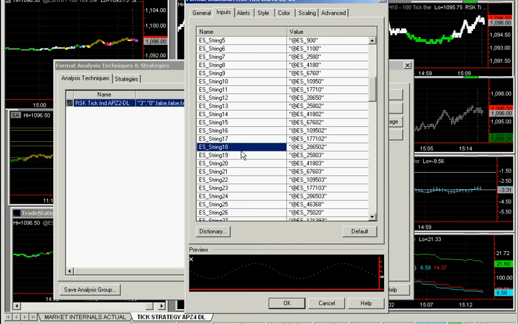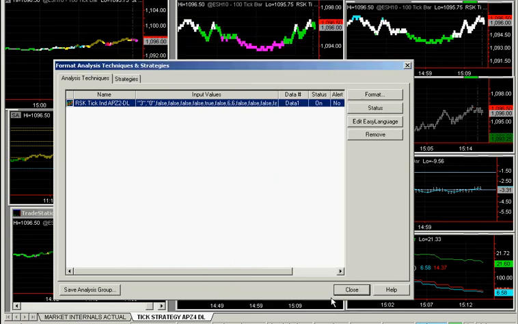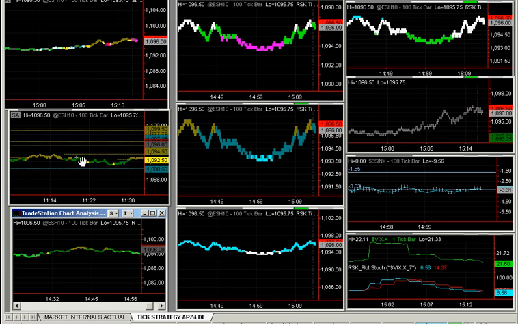And then group 4, same tick bar intervals as the previous group, but a different MACD length. Group 2, 3, 4, 5, 6, and 7.